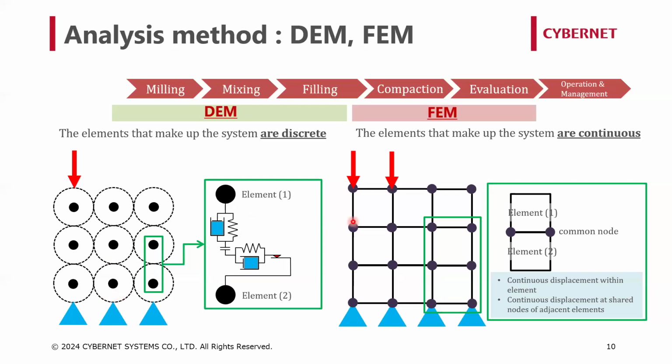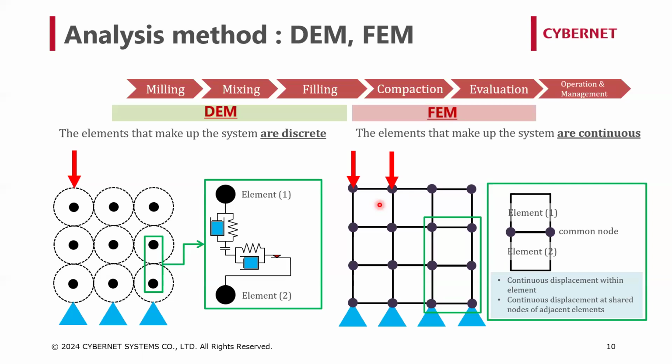On the other hand, FEM is characterized by the fact that the system element is continuous. As shown in the figure, when the model is represented by 9 elements, the adjacent elements are formally connected as shared nodes, and force is transmitted to the adjacent elements.